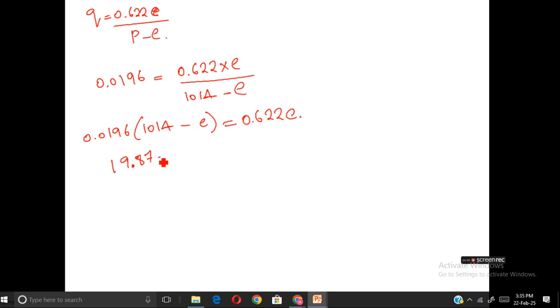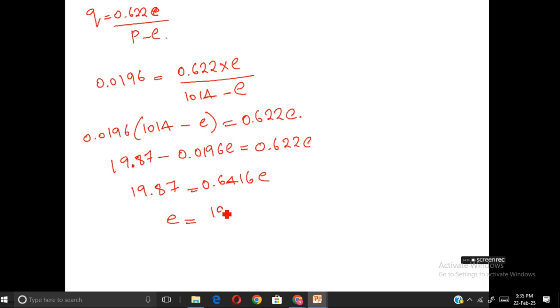So it will become 19.87 minus 0.0196 E is equal to 0.622 E, or 19.87 is equal to 0.622 plus 0.0196, which will be 0.6416 E. So E will eventually become 19.87 divided by 0.6416.